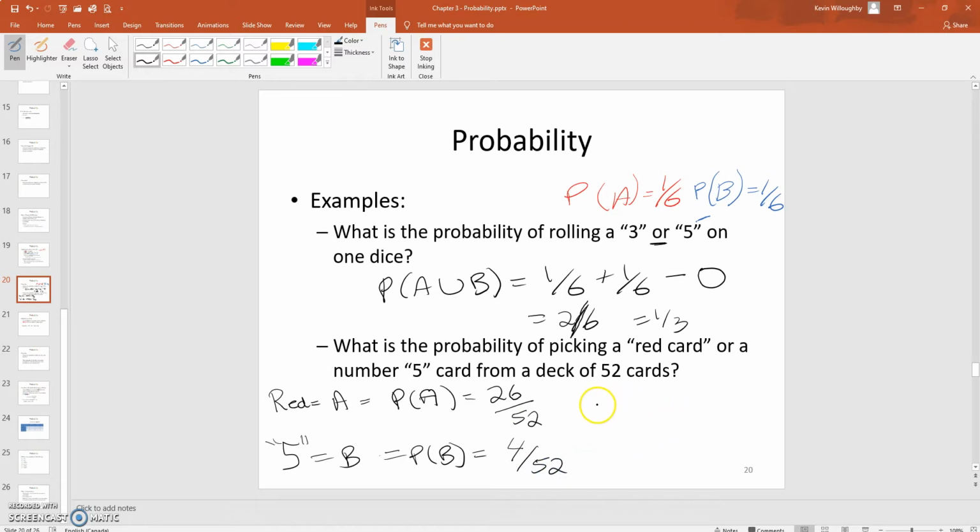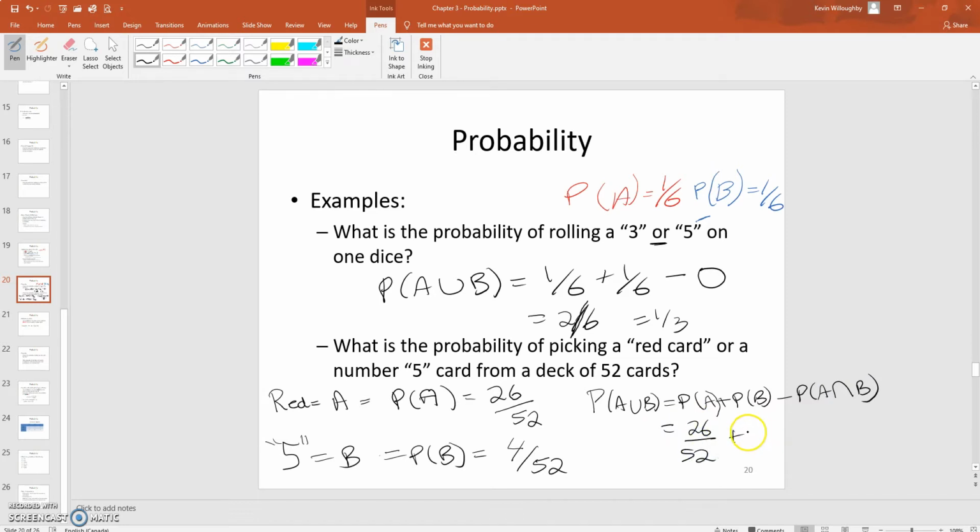To calculate the probability of a red card or a 5 card showing, we use this formula: the probability of A plus the probability of B minus what they share in common. The probability of A is 26 out of 52.